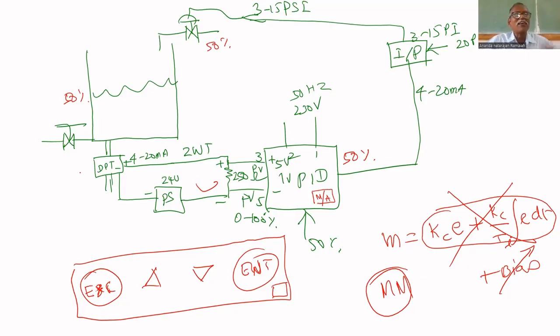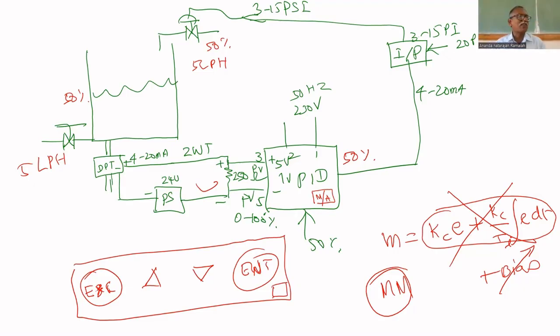The outflow rate equals the inflow rate. Say inflow rate is 5 liters per hour. Now outflow rate is also equal to 5 liters per hour. What will happen to the level? The level remains the same. That's all. Now you are not using automatic mode, only manual mode. Manually you are adjusting the controller output to 50%.